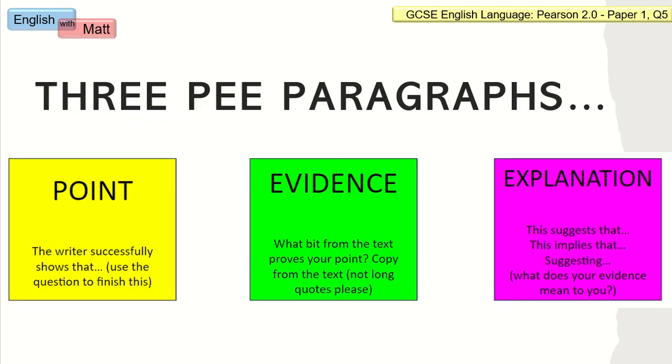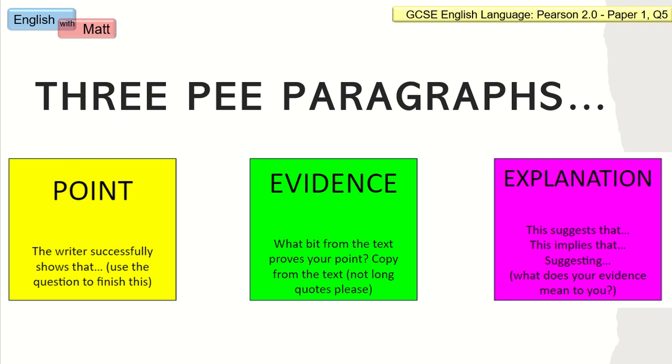Before I show you what a good example might look like in terms of PEE paragraphs, this is what that means. This might be very familiar to you. We begin a paragraph with a point. So what is the topic of your paragraph? The evidence, which is a short quote, which you're taking from the extract that you might have highlighted, and the explanation using sentence stems such as this suggests, this implies, or just using the word suggesting, which means that you're saying to the examiner, this is my evidence, but this is what it means to me.